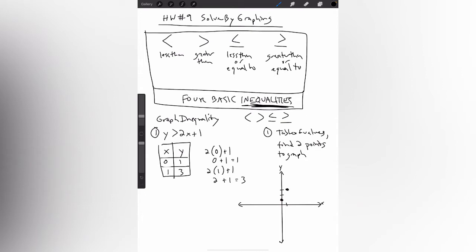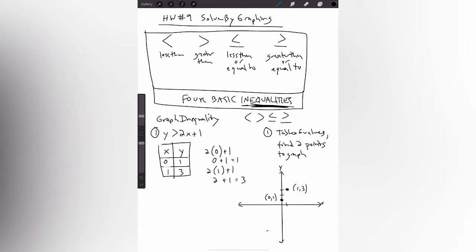So those are my 2 points. Now, if we were just graphing an equation, I would draw my line and be done. But we're not doing that. We're graphing an inequality here.